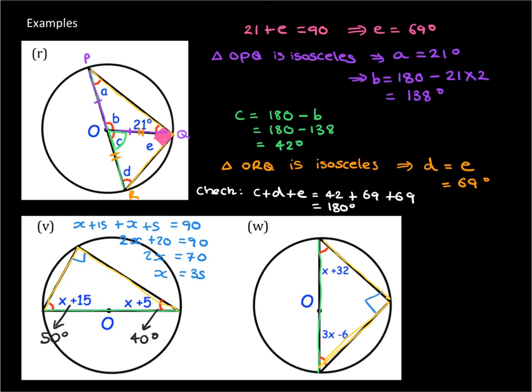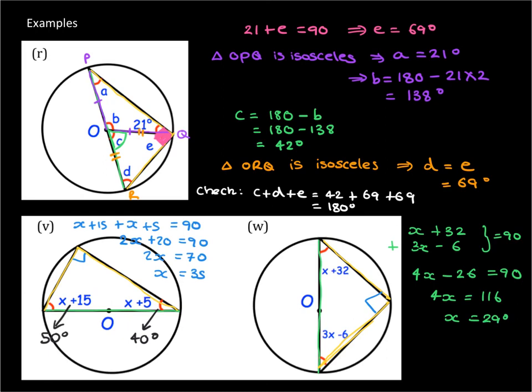So again, x plus 32 plus 3x minus 6 has got to equal 90 degrees. So adding these together gives us a total of 4x minus 26 equals 90. 4x then equals 116 and x equals 29 degrees.